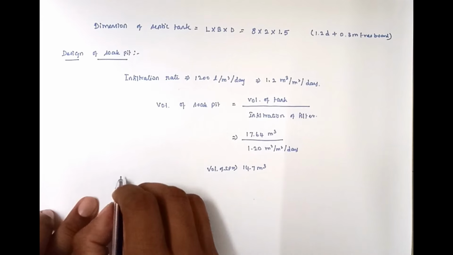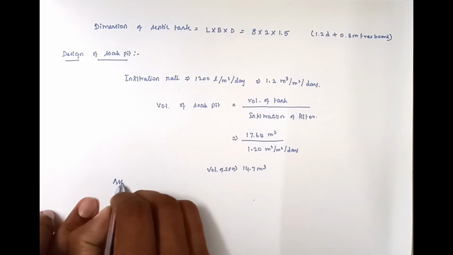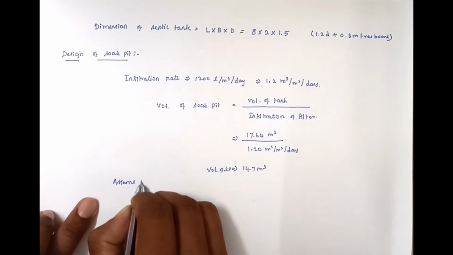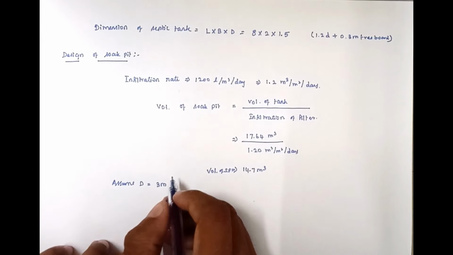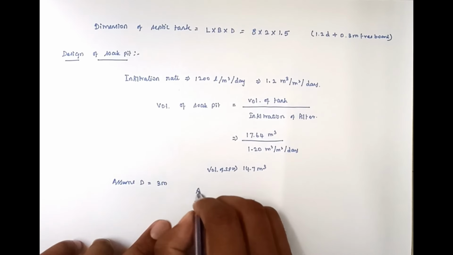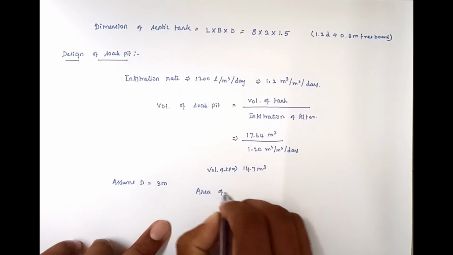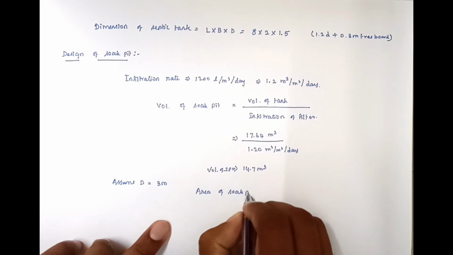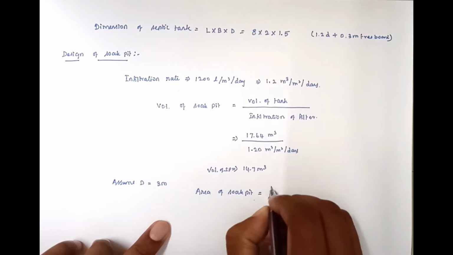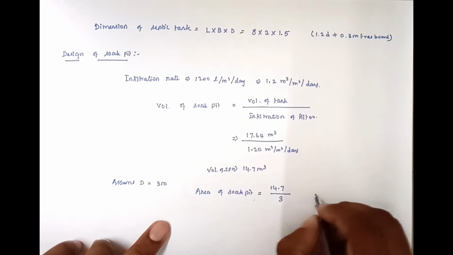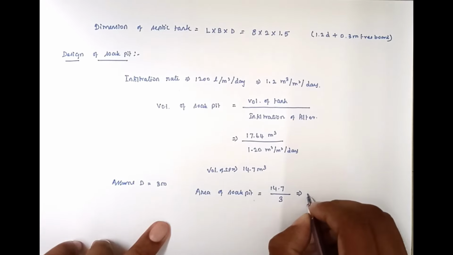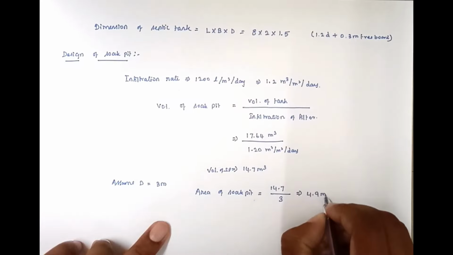Assume the depth of the soak pit is equal to 3 meter. So now the area of the soak pit equals 14.7, the volume, divided by 3, the depth. The total value is 4.9 meter square.